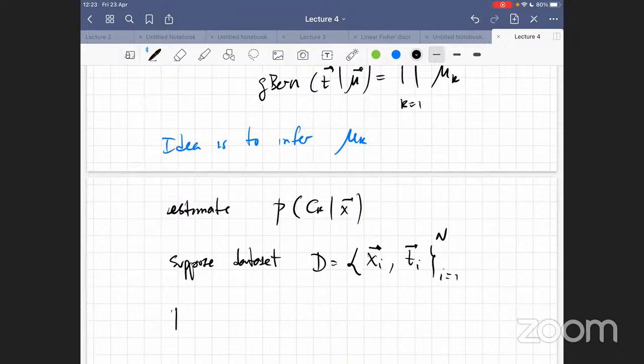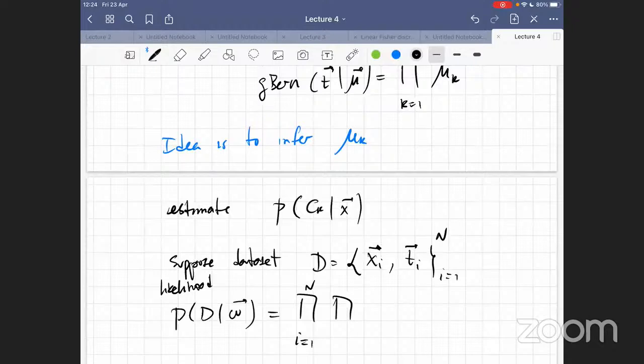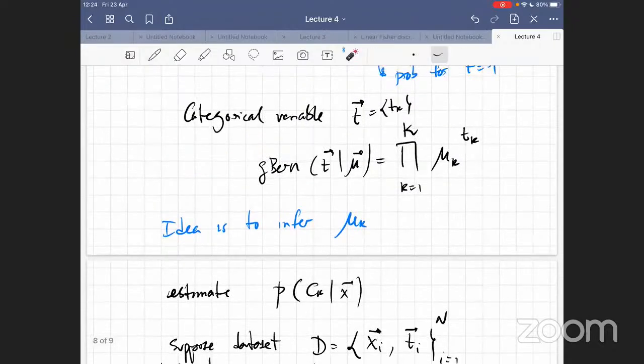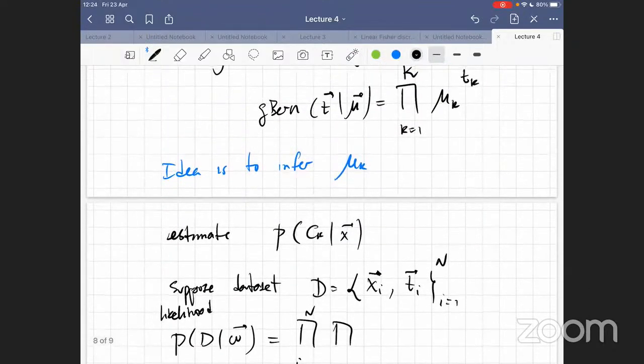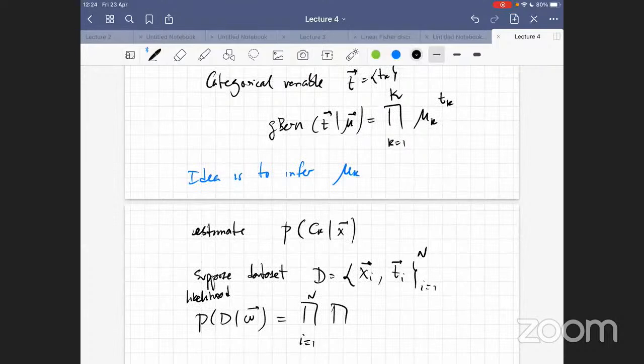Then the likelihood of the data, if I have a number of parameters w, would be the product over all the points of this probability, and this probability is just the product over k from 1 to K.